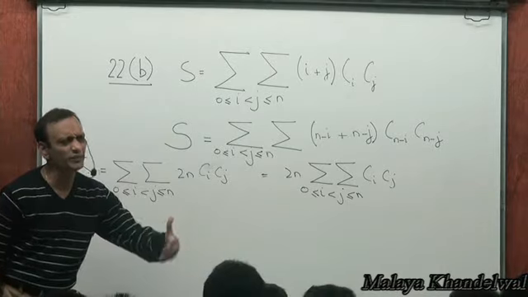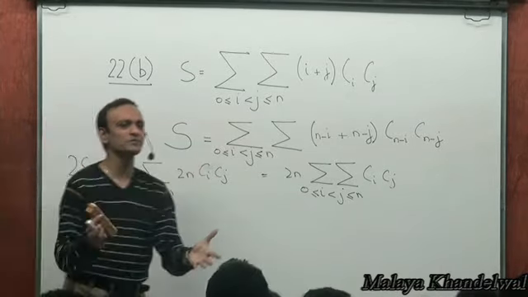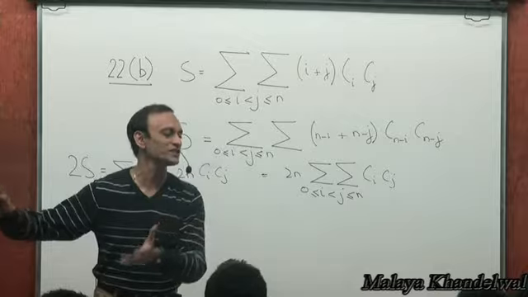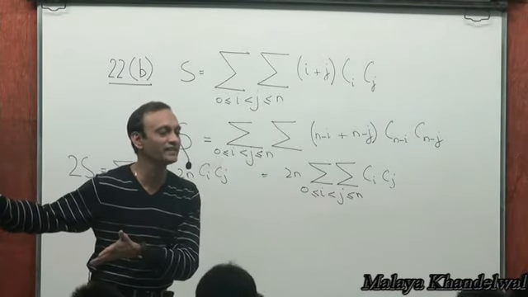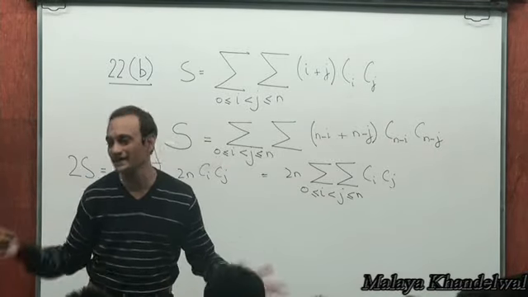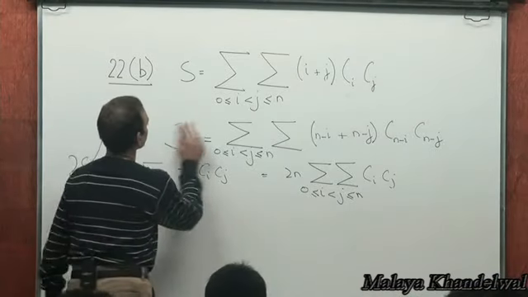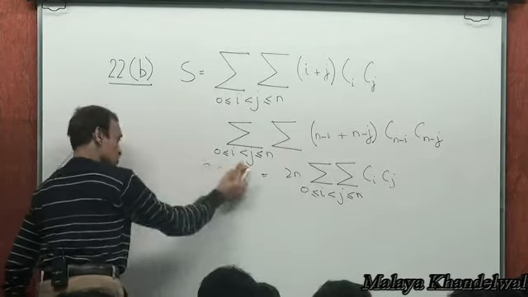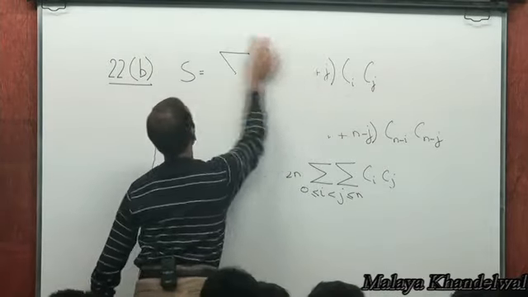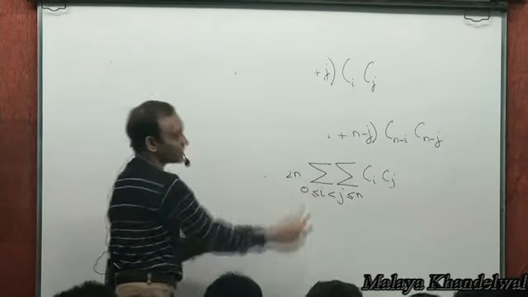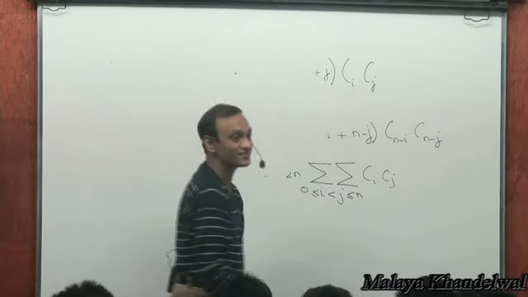For i equal to j, there will be separate terms like C1 squared plus C2 squared plus C3 squared up to Cn squared. Take care of those terms separately. Otherwise, i is less than j. In this notation they never use i equal to j. The whole objective is to make sure that i and j are distinct.